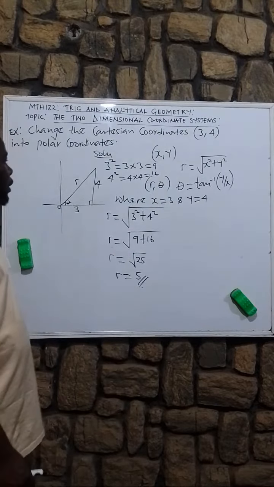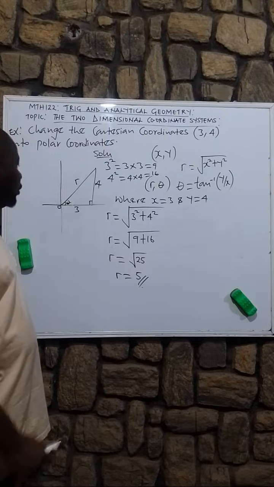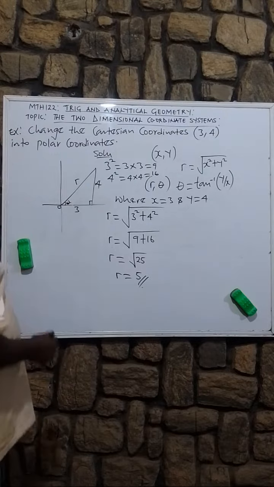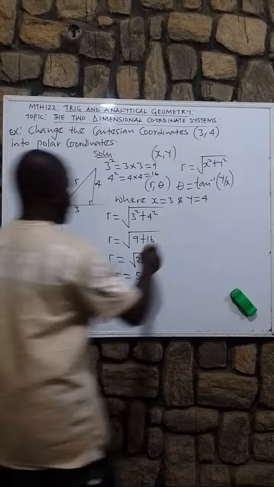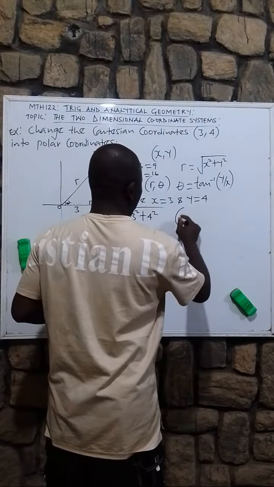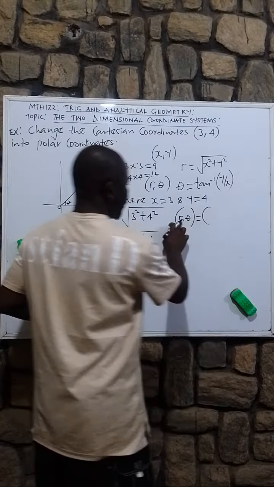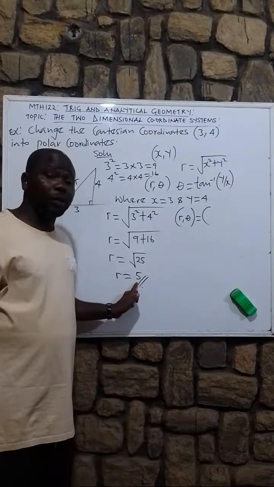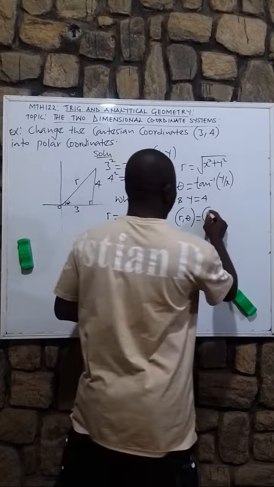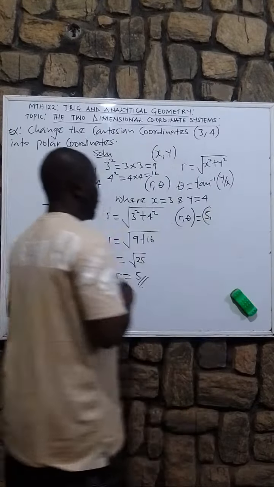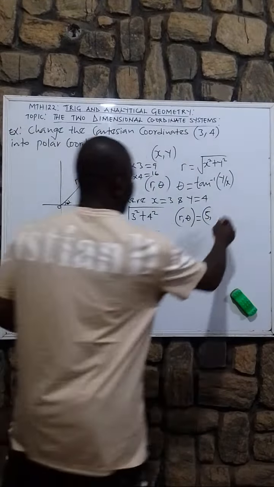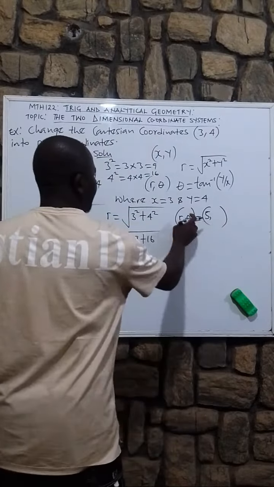So r comma theta will now be equal to, we are able to obtain r as 5. Okay, so let us find theta.